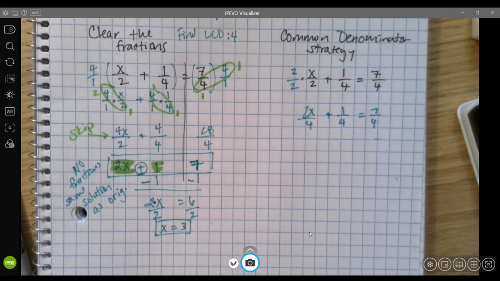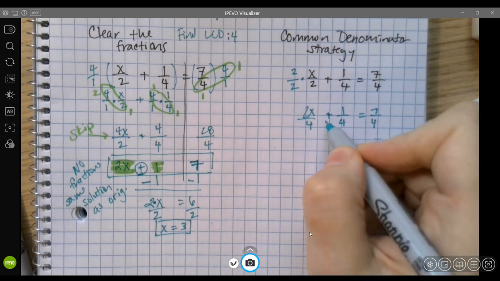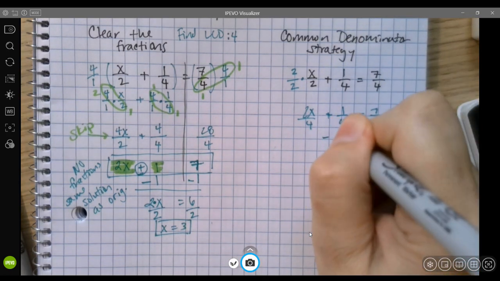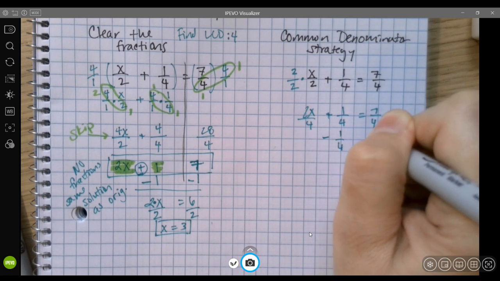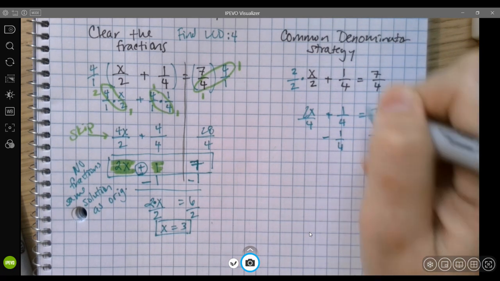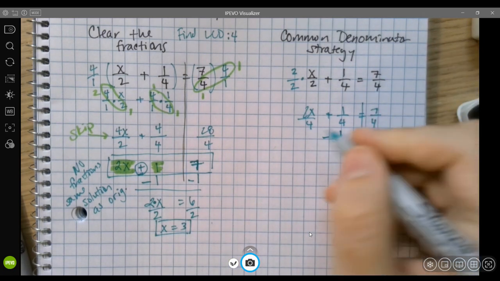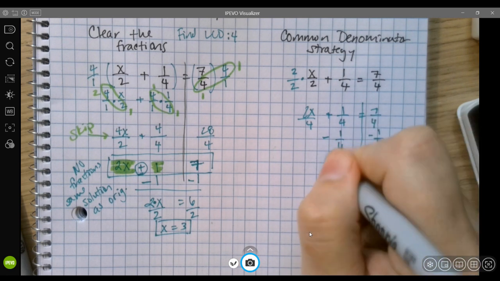Well, the opposite of adding a fourth is subtracting a fourth. I could subtract 1/4 from both sides. Remember, both sides of my equal sign. So I've got 2x over 4.